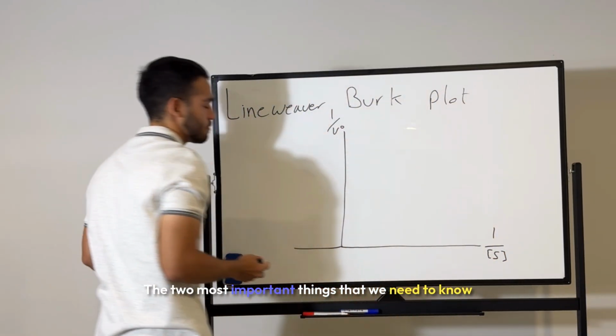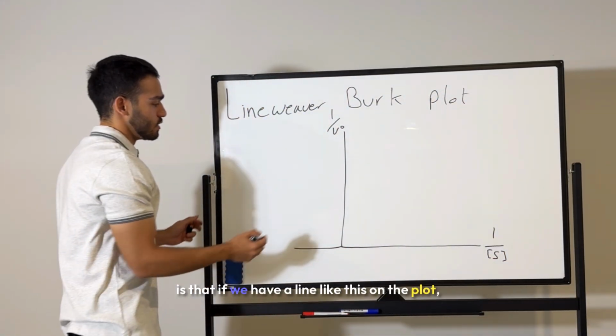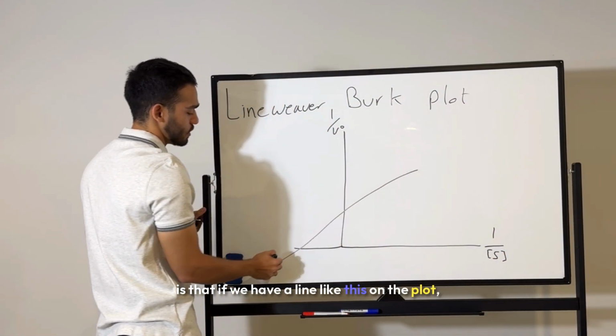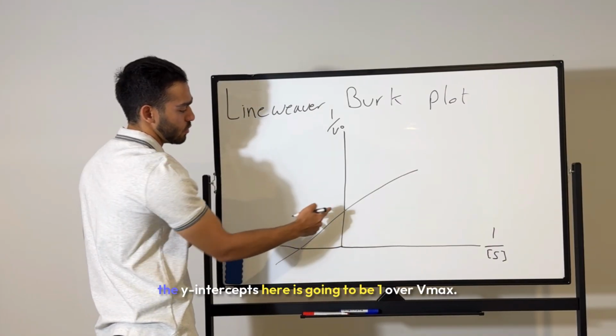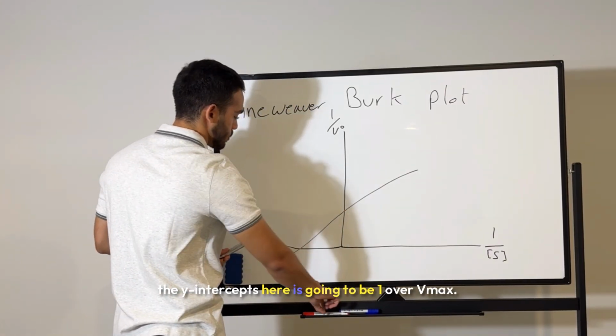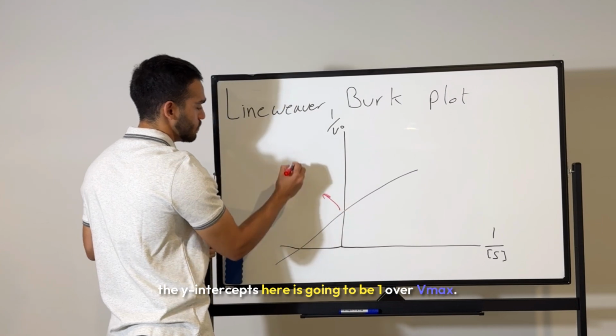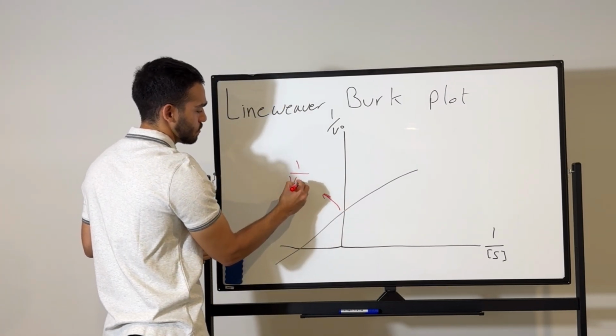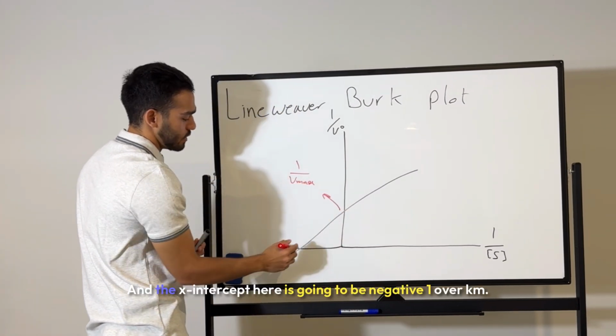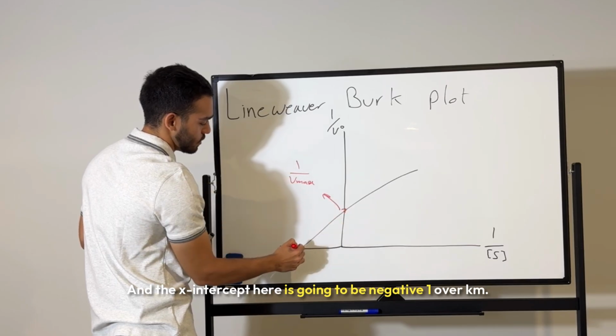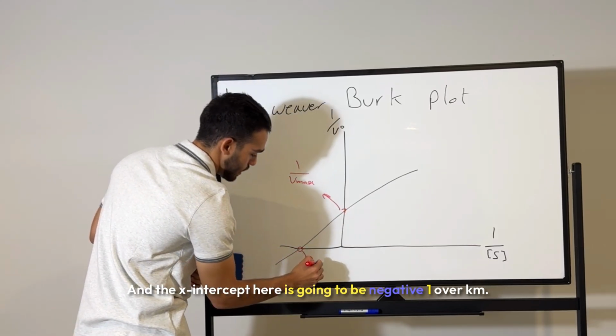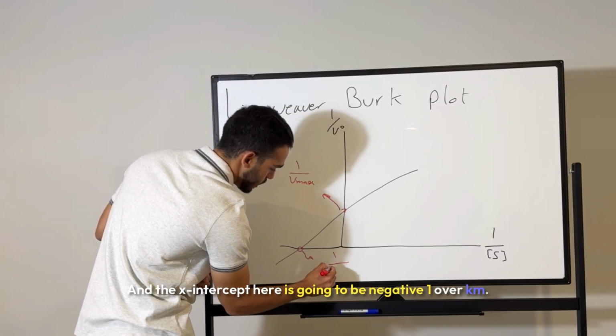The two most important things that we need to know is that if we have a line like this on the plot, the y-intercept here is going to be 1 over Vmax, and the x-intercept here is going to be negative 1 over Km.